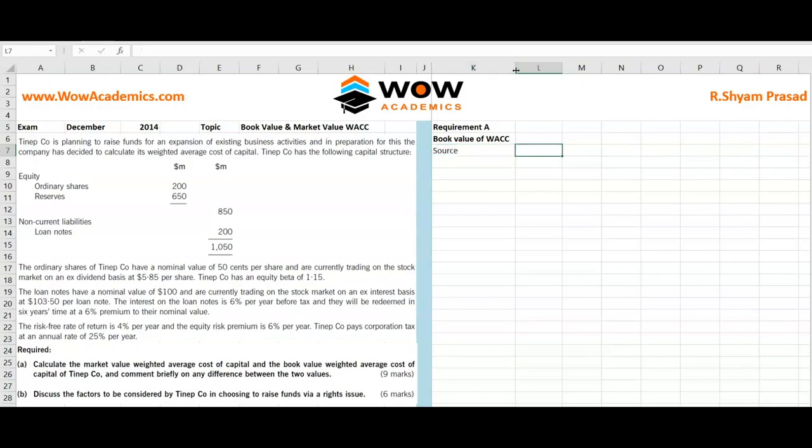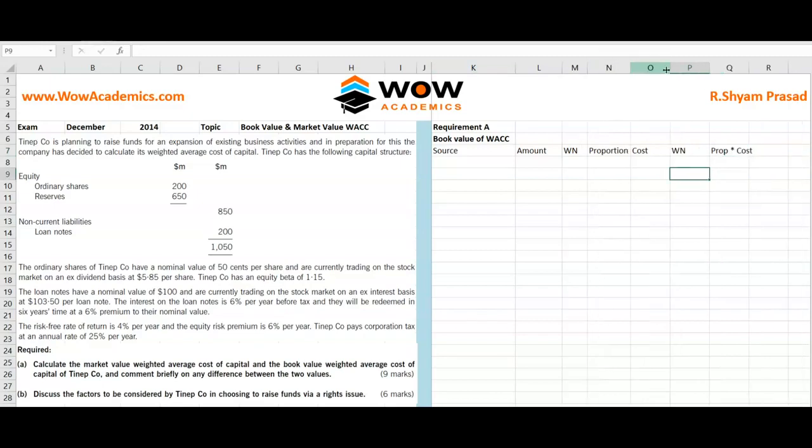The source of capital, and then we'll have the amount of that capital, with a working note. Then we'll get the proportion of capital. Then we'll get the cost of the capital and have another working note. And finally, we can multiply the proportion into the cost, and that will give us our answer.